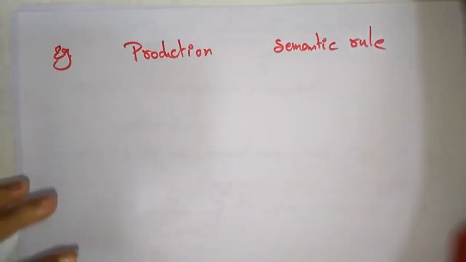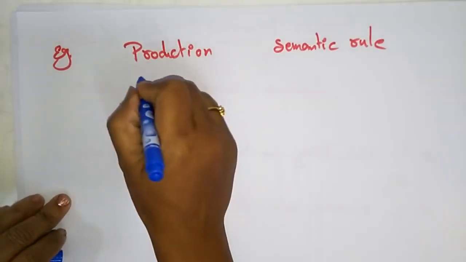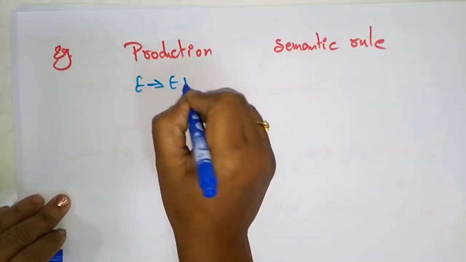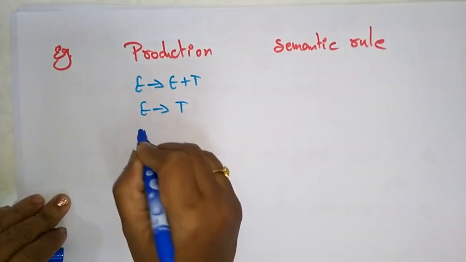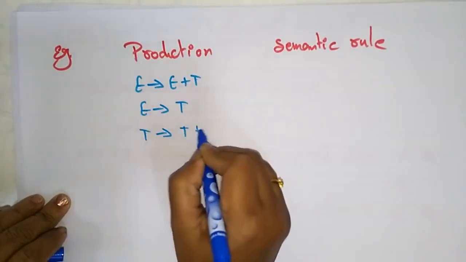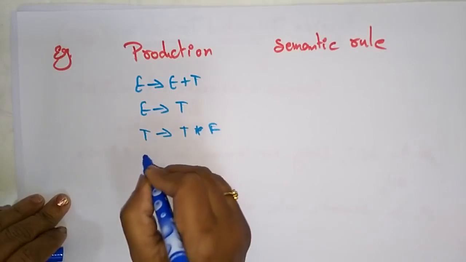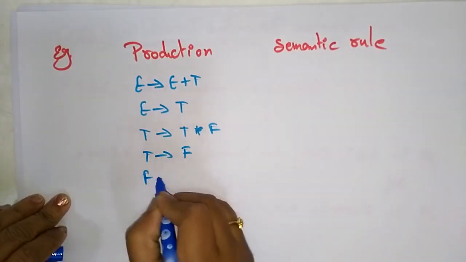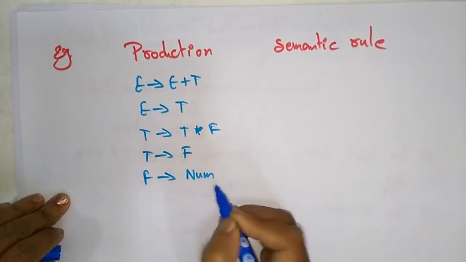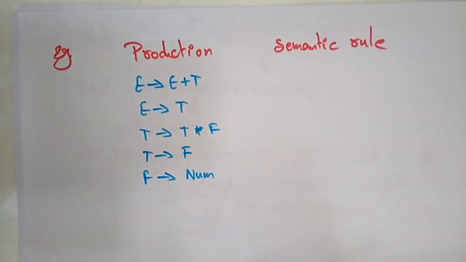I am taking the grammar here: E derives E plus T. E derives T. T derives T into F. And T derives F. F derives number. These are the productions. What are the semantic rules for these productions?